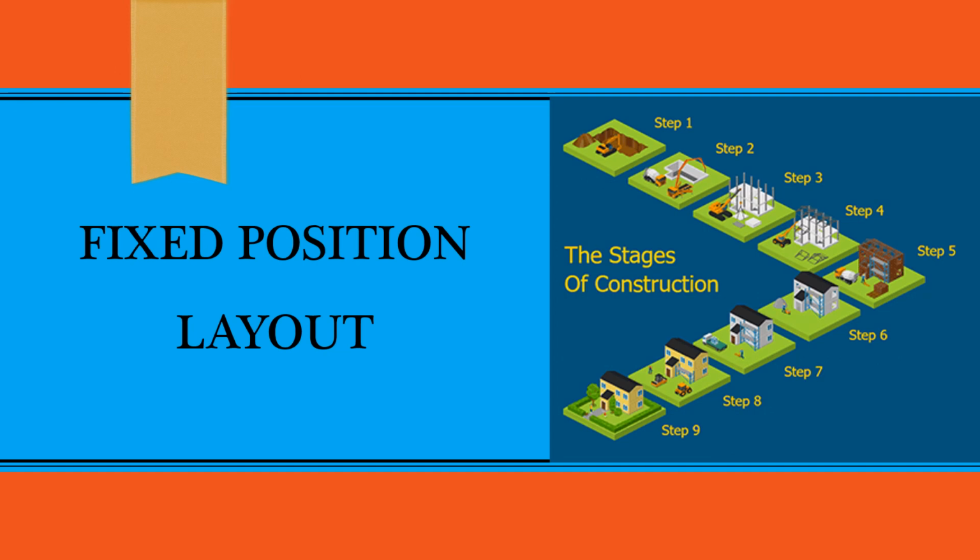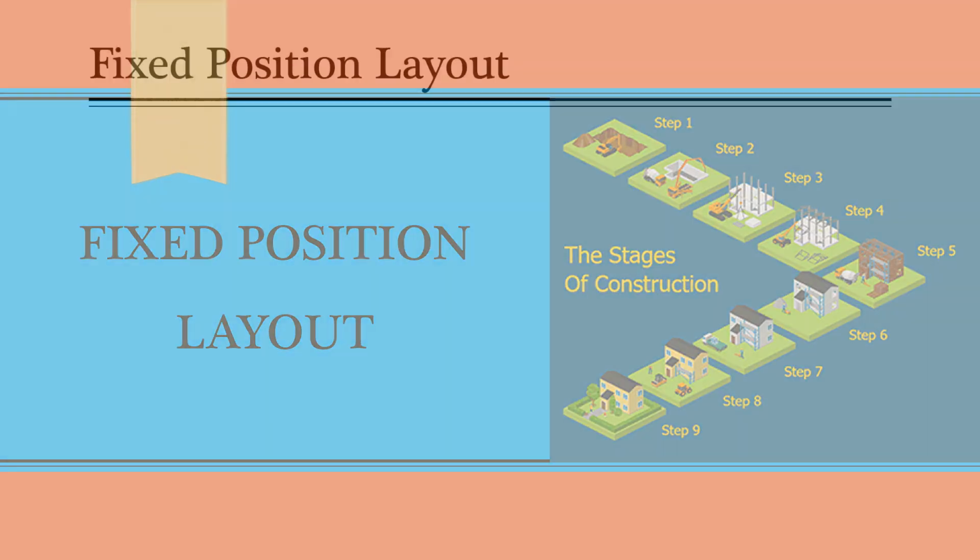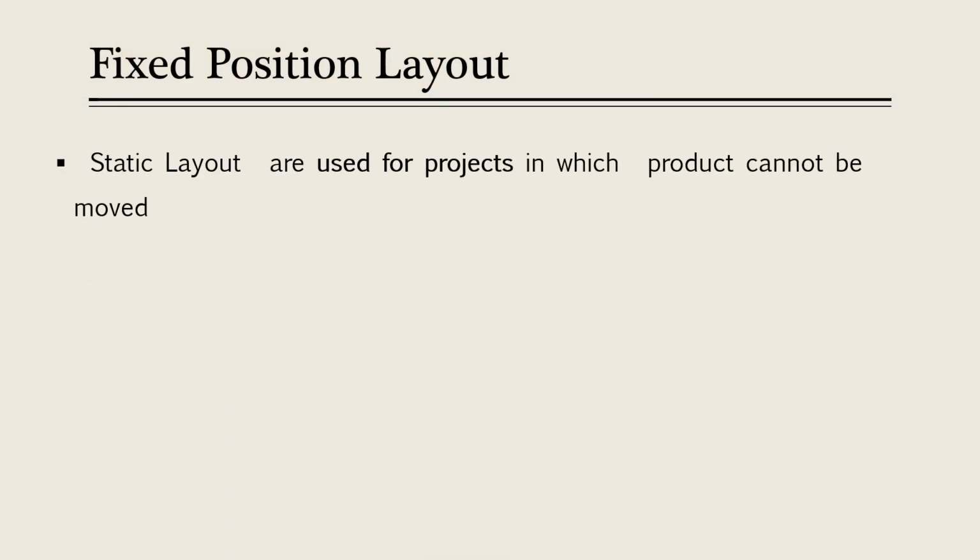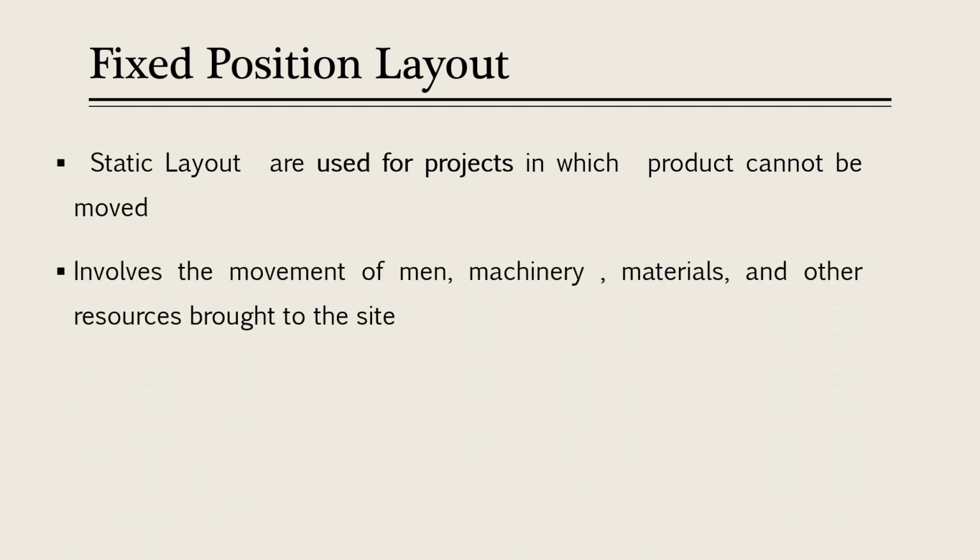Now let's look at the fixed position layout. This is also known as the static layout because here the product cannot be moved. It involves the movement of men, machinery, materials and other resources brought to the site.